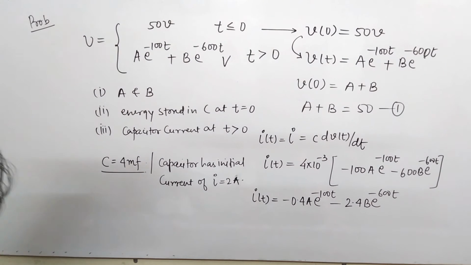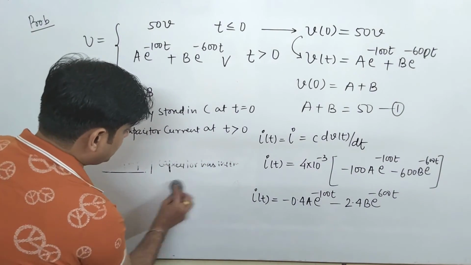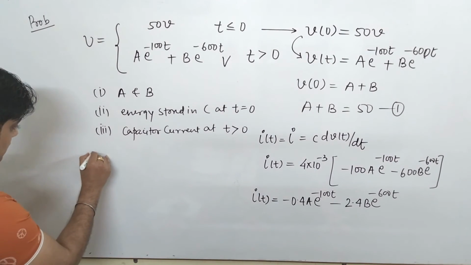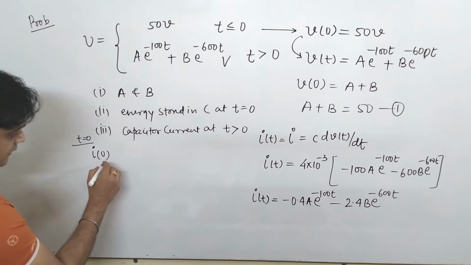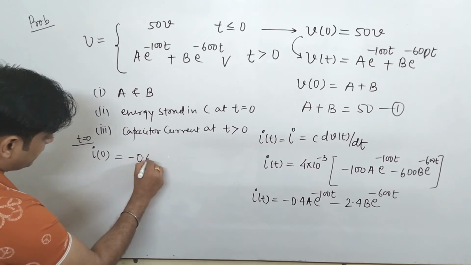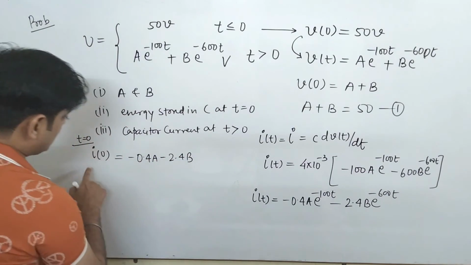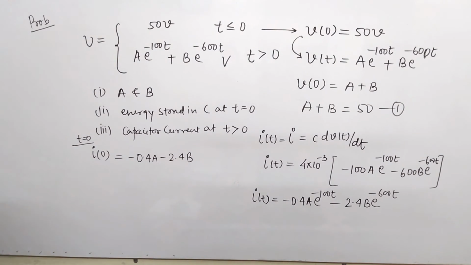Now the condition is given as your initial current is 2 ampere. So by putting the value of t equal to 0, your I0 comes to be minus 0.4a minus 2.4b, which is equal to I0, and the value of I0 is 2 ampere.